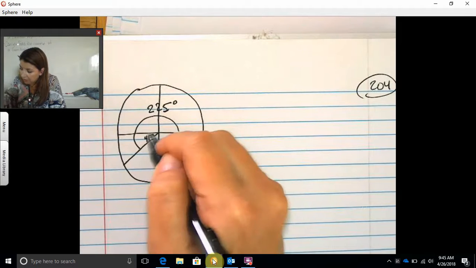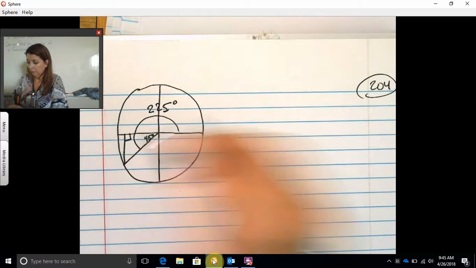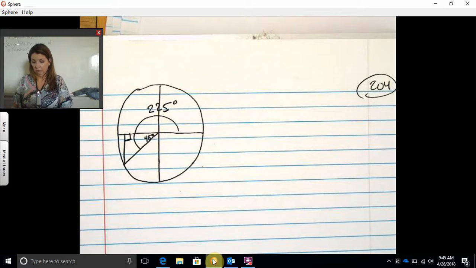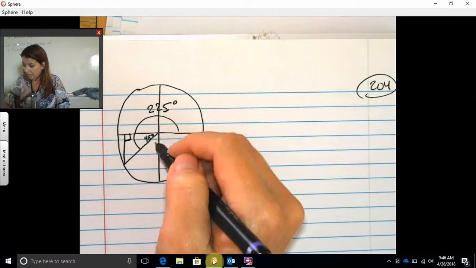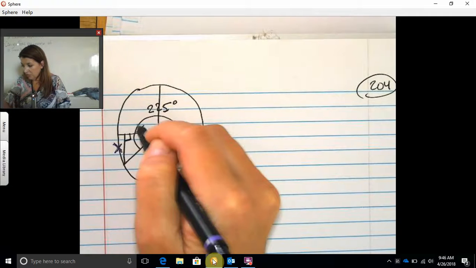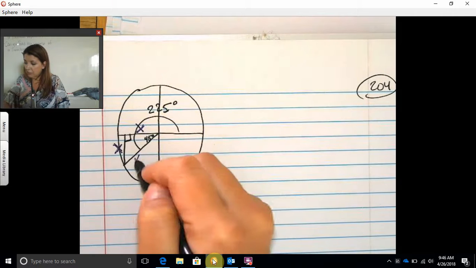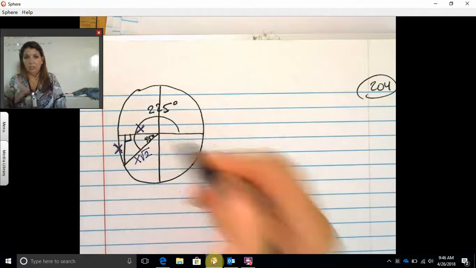So this is a 45-degree angle. If you're just talking about right here, we'll make a right triangle. The smallest side is X, and we have two of those because in a 45-45-90, the two legs are equal to each other. And the hypotenuse is the smallest side times the square root of 2.